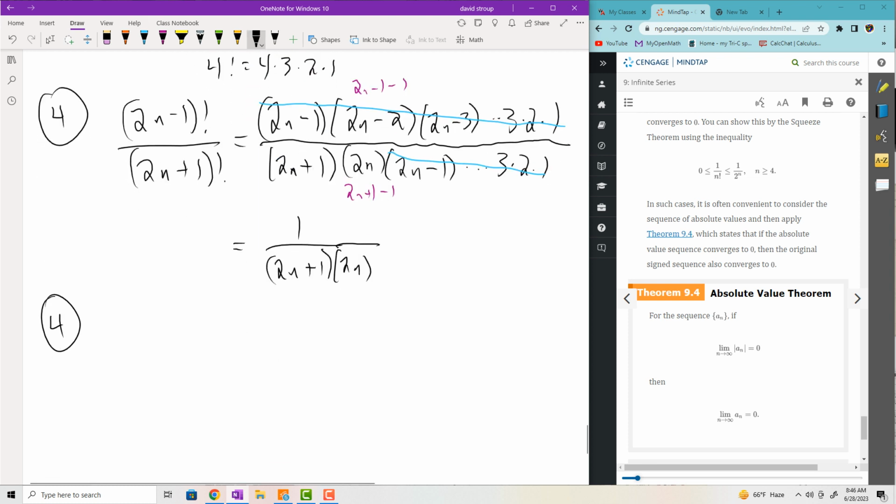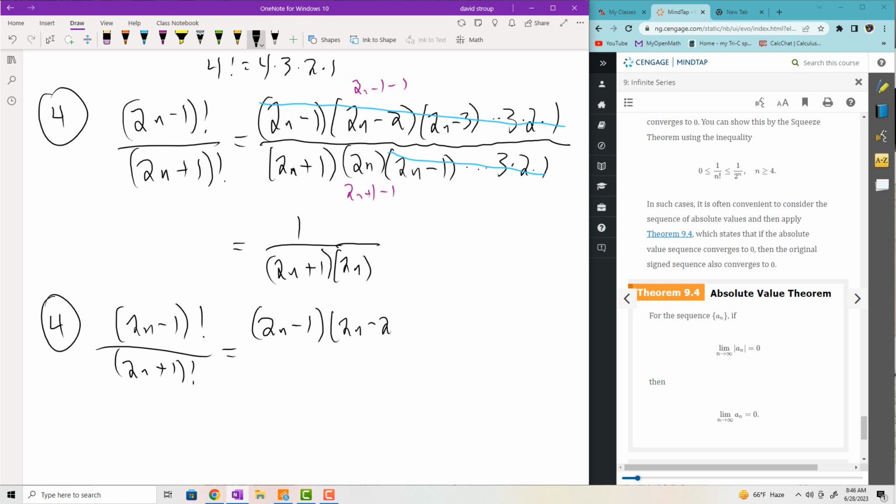So the other way is that recursive definition type. And what you do is just keep peeling off the top term until you see a nice cancellation, right? So the term in the top, 2n minus 1 factorial is 2n minus 1 times 2n minus 2 factorial. And the bottom, we can peel off the first term, 2n plus 1 times 2n factorial.